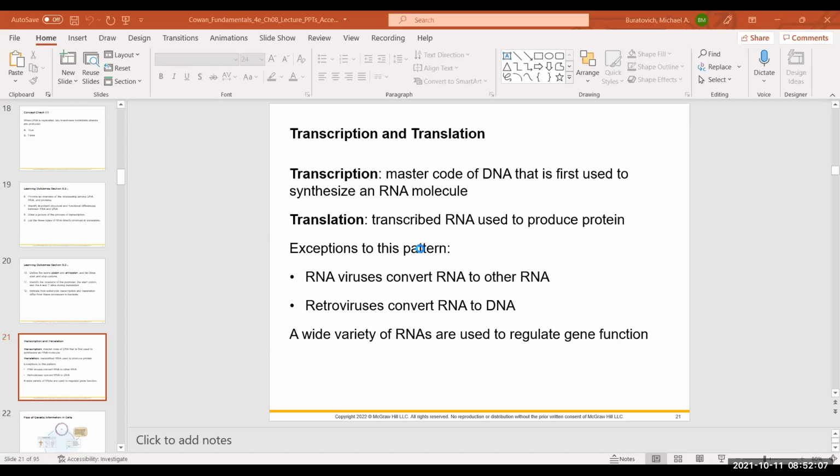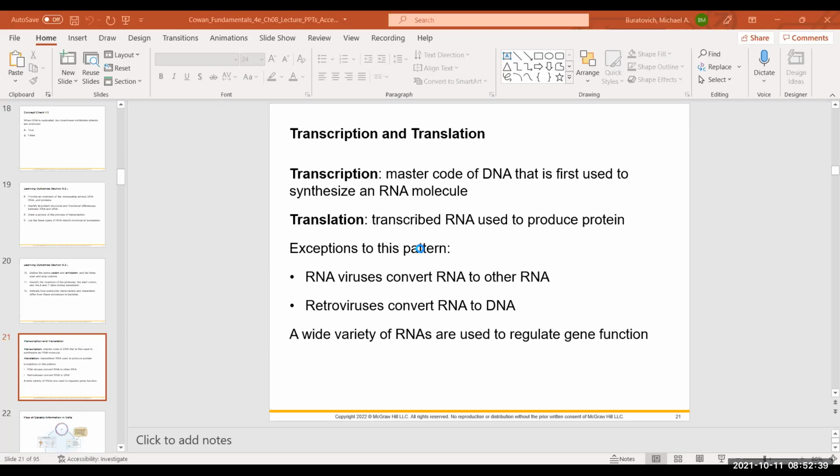There are cases where RNA can be used to make DNA, like in the case of retroviruses and hepatitis B and cauliflower mosaic virus and things like that. There's no process, at least I'm aware of, where cells can take protein and use it to make an RNA. That's the flow of genetic information.